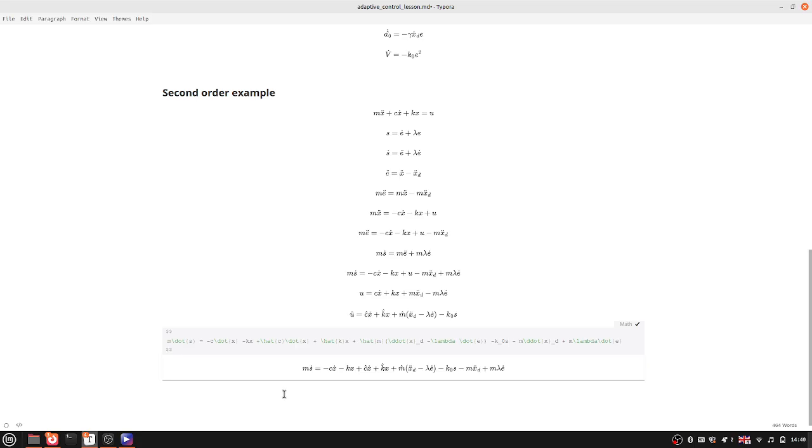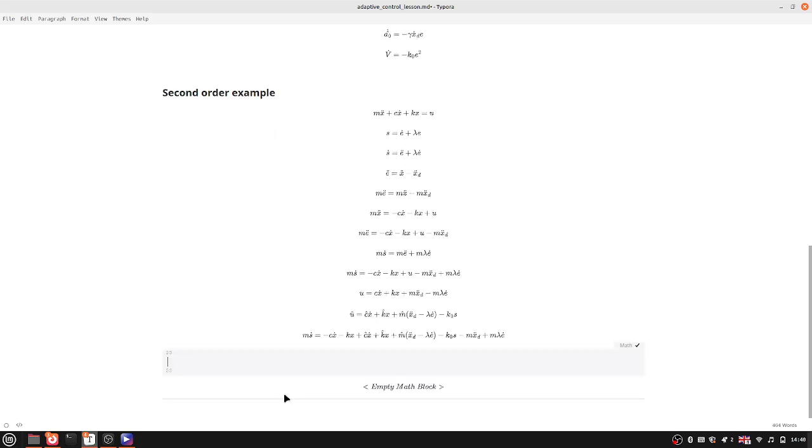So it looks quite complicated at this point, but again we're going to do that exact same trick where we use our definition of M tilde. I'm just going to do M, but I imagine this is the same for C and K. M tilde is M minus our approximation, M hat.